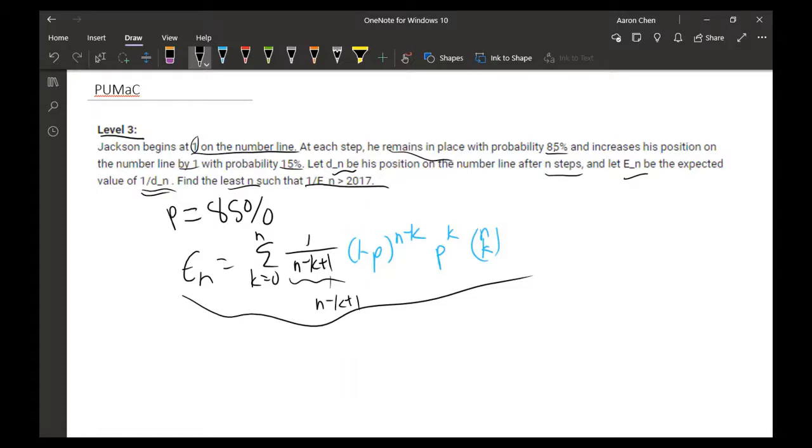So E of n is equal to this sum. Next, we can use the fact that n choose k is equal to n minus k plus 1 over n plus 1 times n plus 1 choose k.